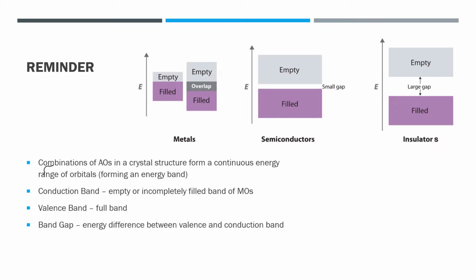So here's a little image of the three different types of materials. We have metals, which we talked about extensively last time, where there is just a conduction band, and the conduction band is partially filled. What does that mean, right?